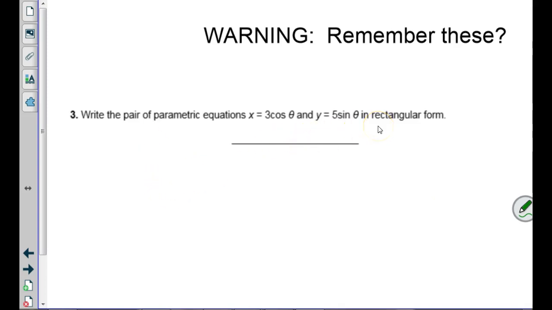But is there anybody who remembers how we did these to get rid of theta? Should be the second day we did this stuff. So if you go back in your notes packet to x equals, and it's 3 cosine t really, but it doesn't matter.